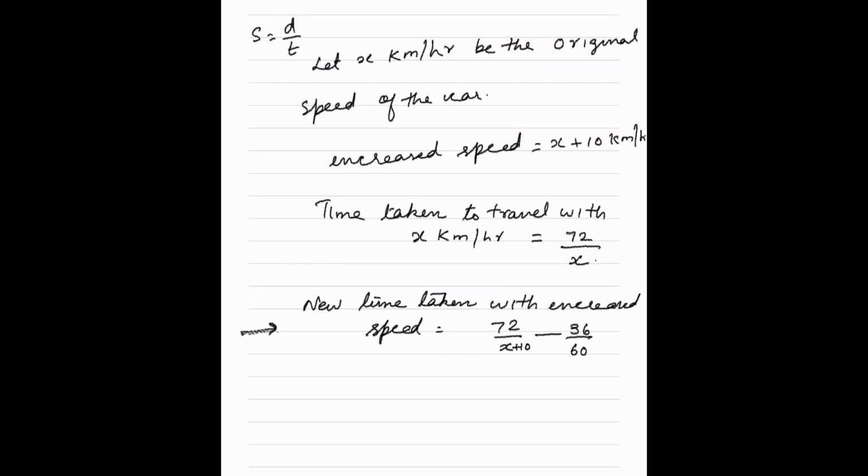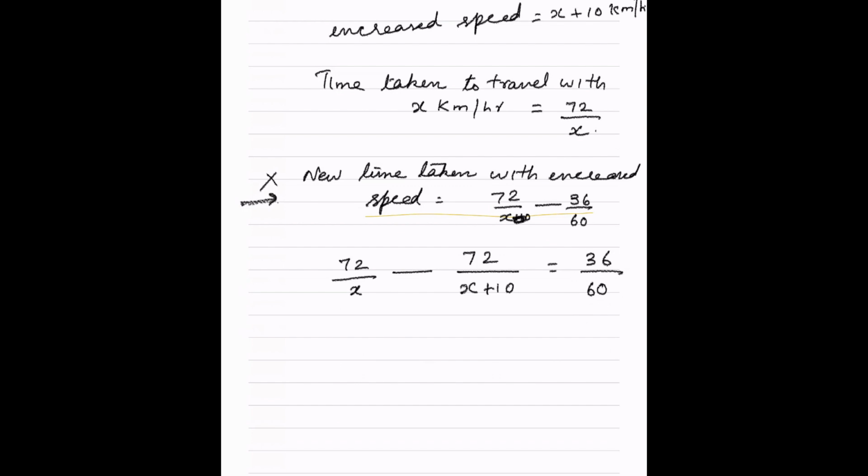The first one will take more time to travel, so 72 by x minus the time taken with increased speed, 72 divided by x plus 10, is equal to 36 by 60. Time taken with original speed minus time taken with increased speed is 36 minutes. So that's what we have written here.